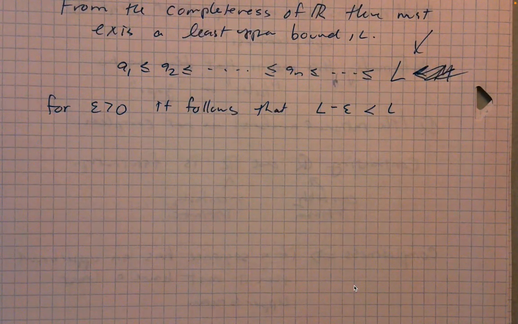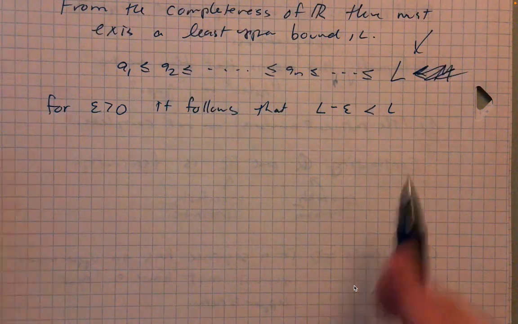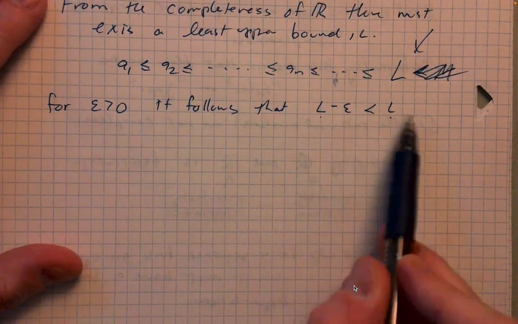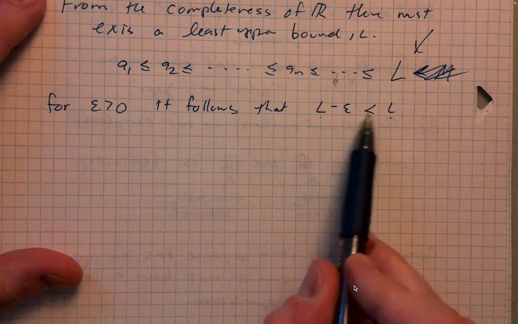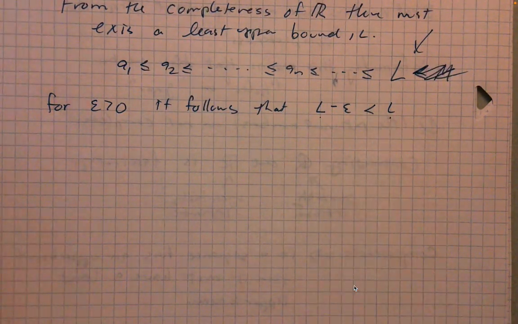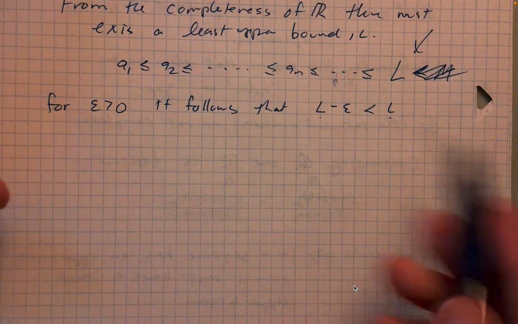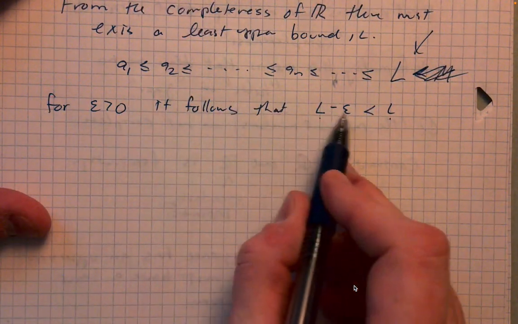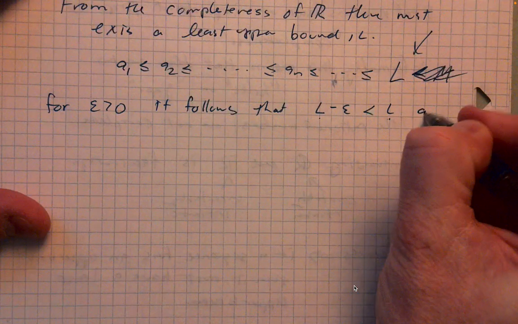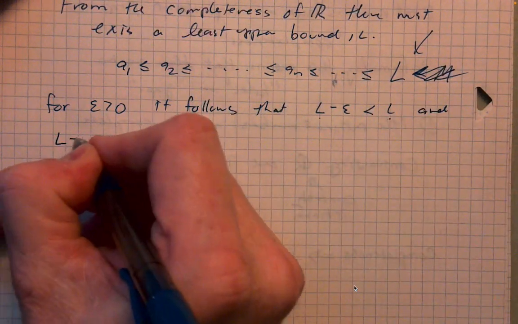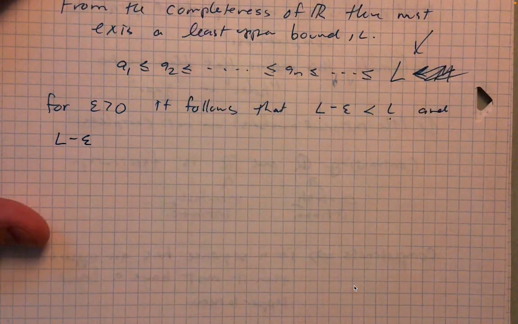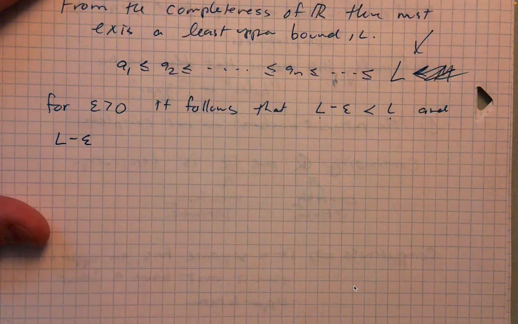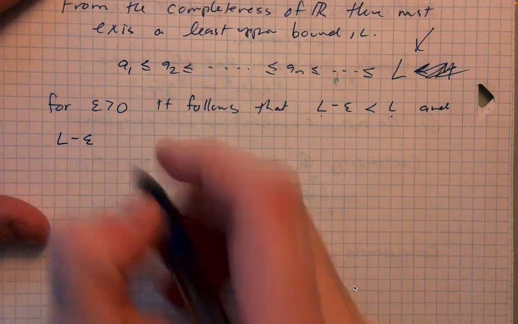If I take L and subtract a positive quantity from it, I'm going to have something smaller than L. So L minus epsilon is less than L, and L minus epsilon is not an upper bound on the sequence.